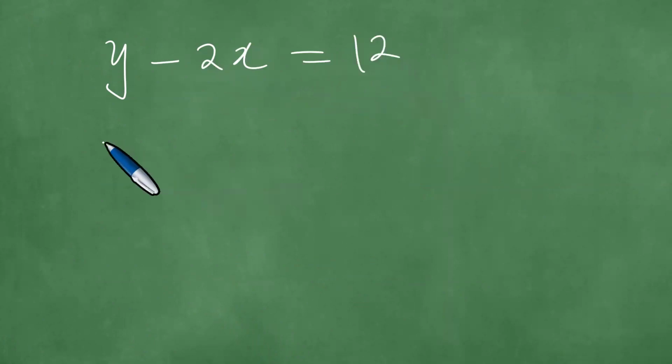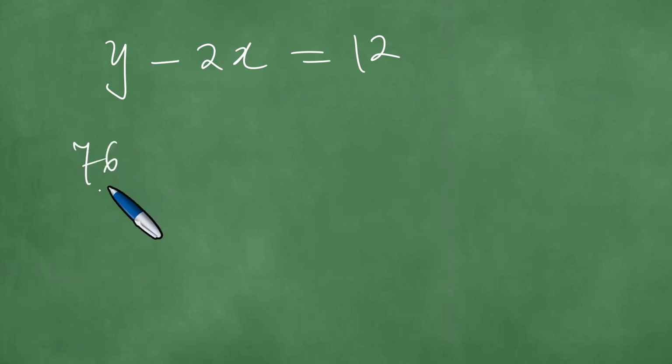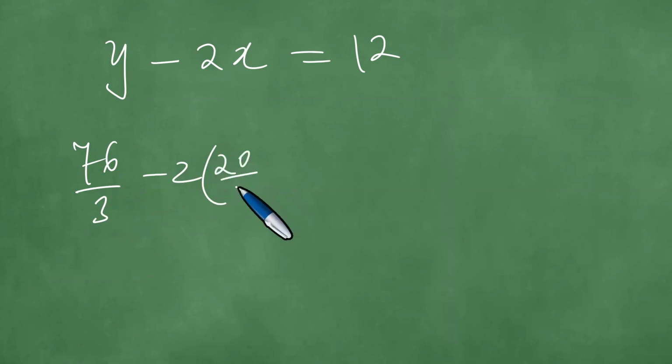The further check is that the larger number is 12 greater than twice the smaller number. We know that y is 76 out of 3, so y minus 2 into x, and x is 20 out of 3.